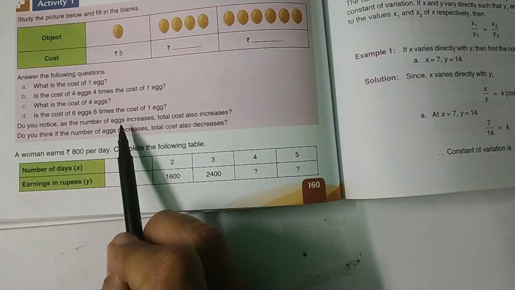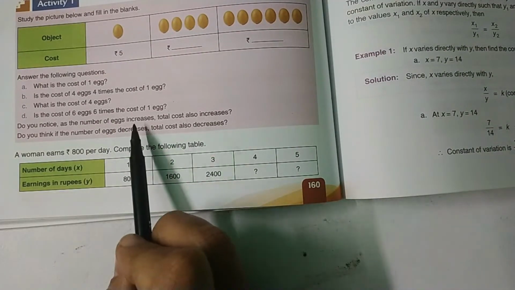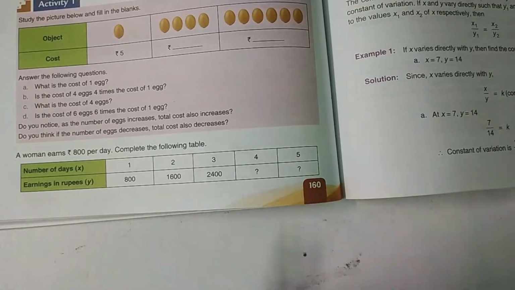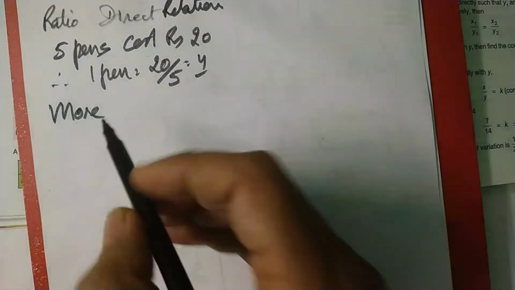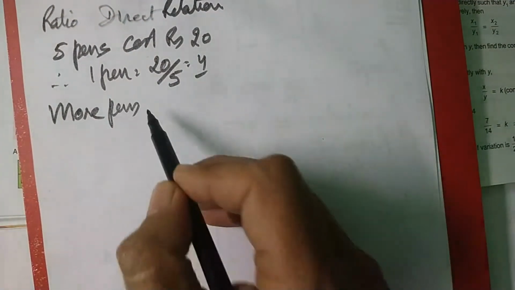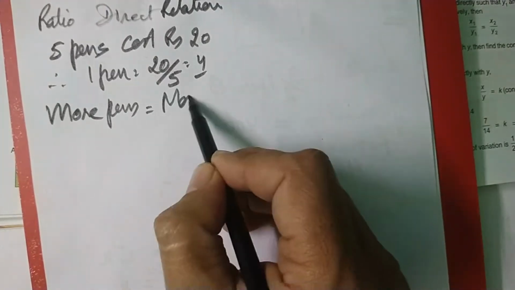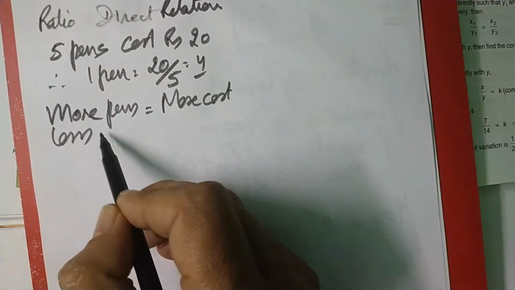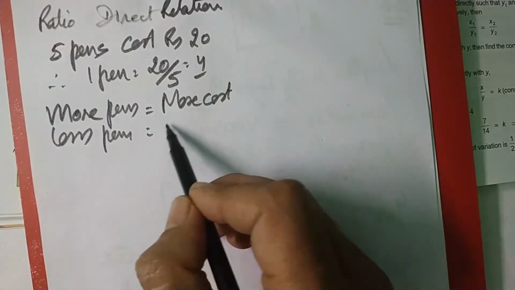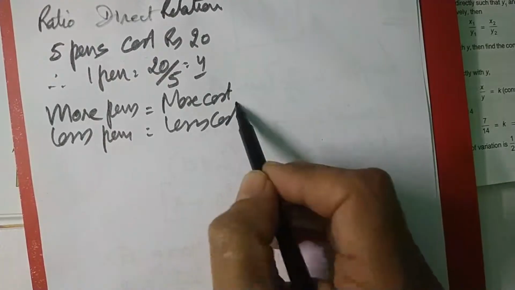If you buy more eggs, you have to pay more. If you buy fewer eggs, then you have to pay less. So in this example of pens, if there are more pens, then the cost is also more. If there are fewer pens, then the cost is also less.